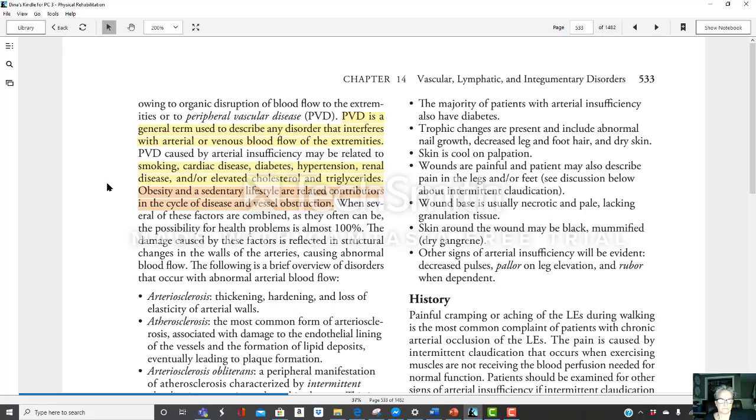When several of these factors are combined, as they often can be, the possibility for health problems is almost 100%. The damage caused by these factors is reflected in structural changes in the walls of the arteries, causing abnormal blood flow. The following is a brief overview of disorders that occur with abnormal arterial blood flow.